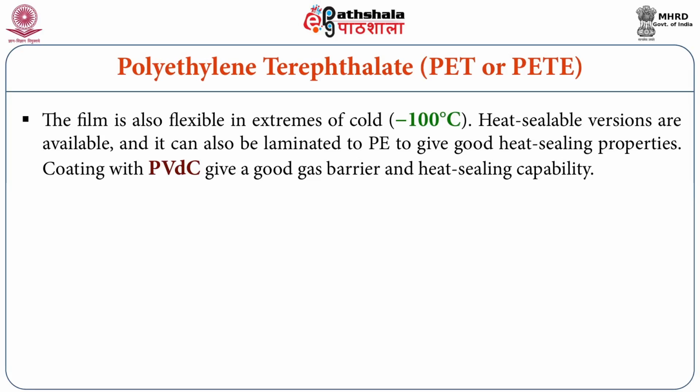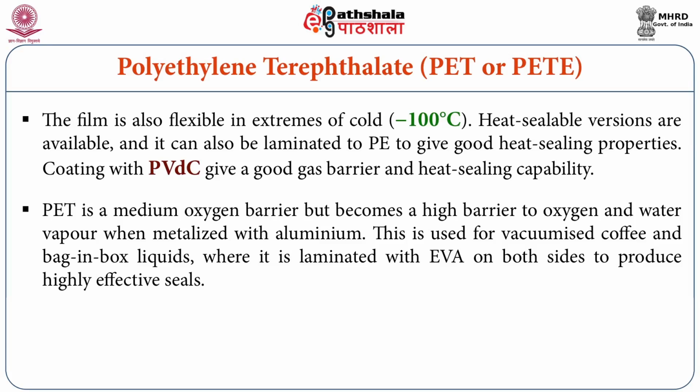Coating with PVDC gives a good gas barrier and heat sealing capability. PET is a medium oxygen barrier, but becomes a high barrier to oxygen and water vapor when metallized with aluminum.